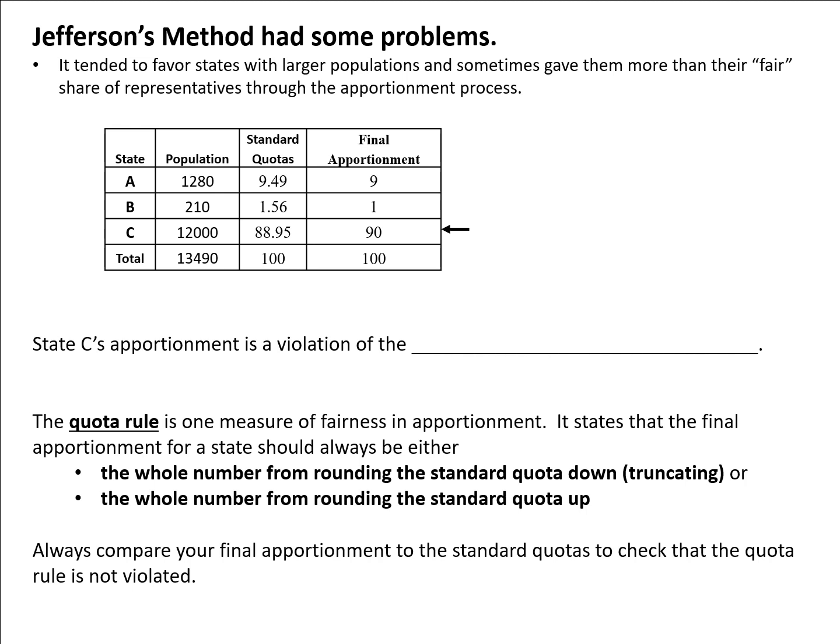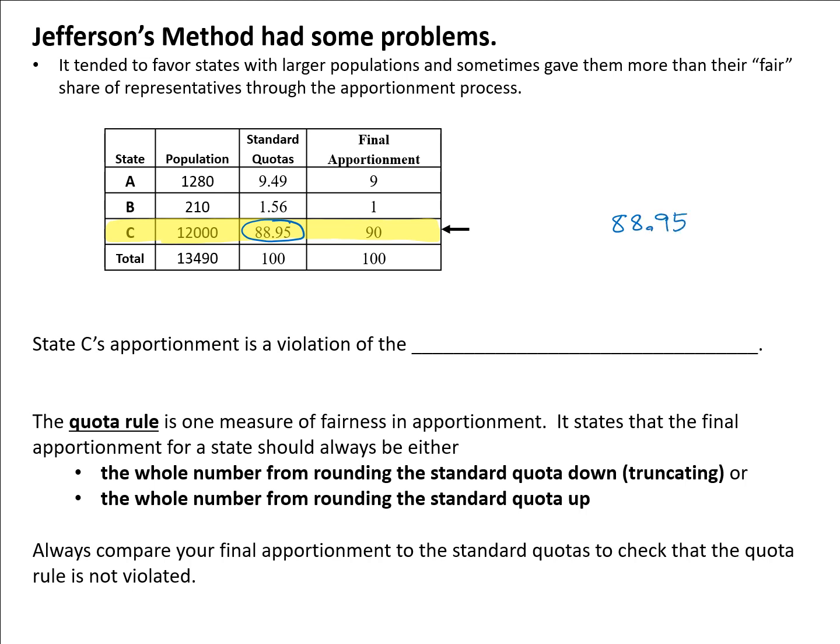If we look at this large State C from our last example, State C had a much bigger population than the other states. It had 12,000 people, whereas the other states had at most 1,280 or 210 people. If you look at their standard quota, what we originally had for State C was a standard quota of 88.95.